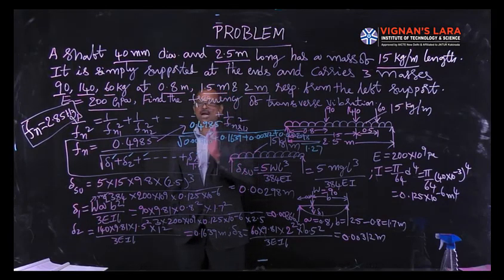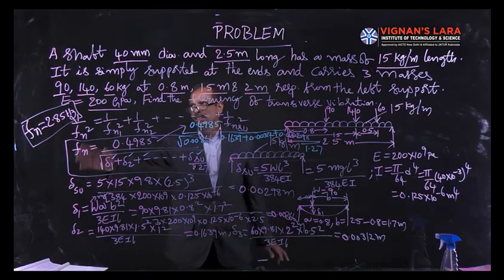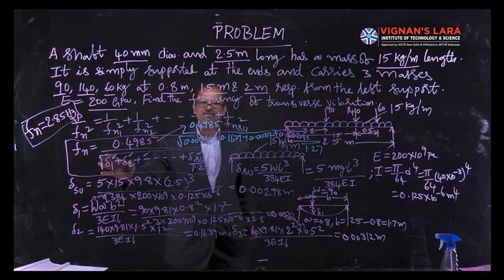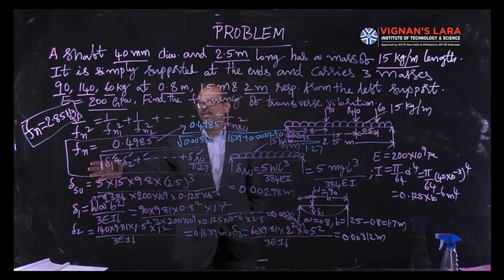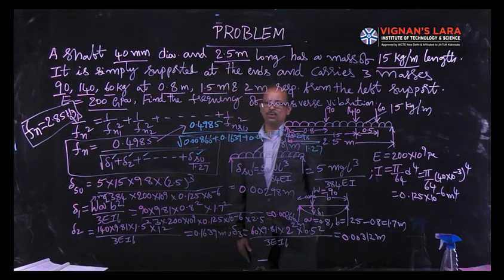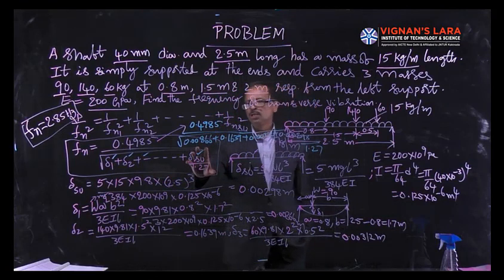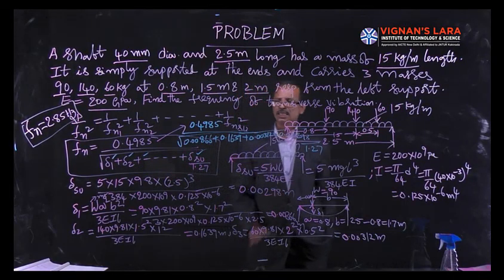Then after getting all those things, substituting in the Dunkerley's equation, that is 1 by Fn square is equal to 1 by Fn1 square plus so on, or Fn is equal to 0.4985 by root over delta 1 plus delta 2 plus so on, delta SU by 1.27. So if you don't have a UDL, then you don't get this 1.27. Everything will be simply summation of all these deformations delta 1, delta 2, and so on, isn't it?